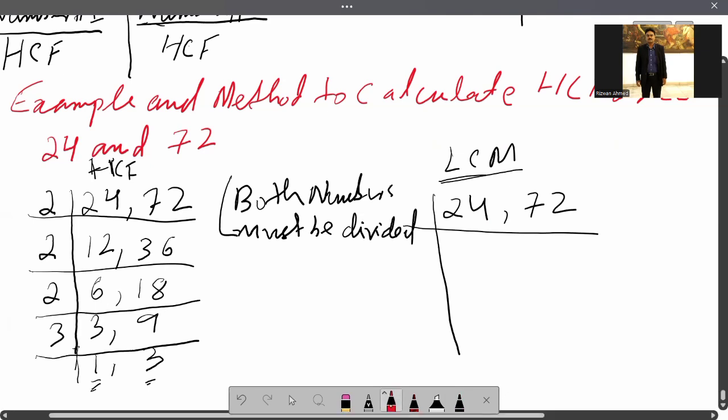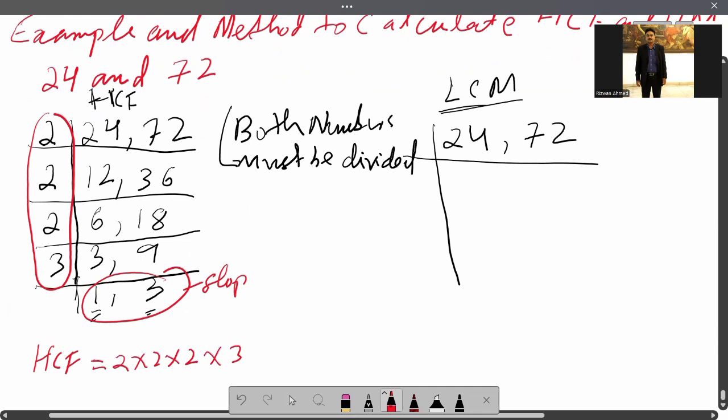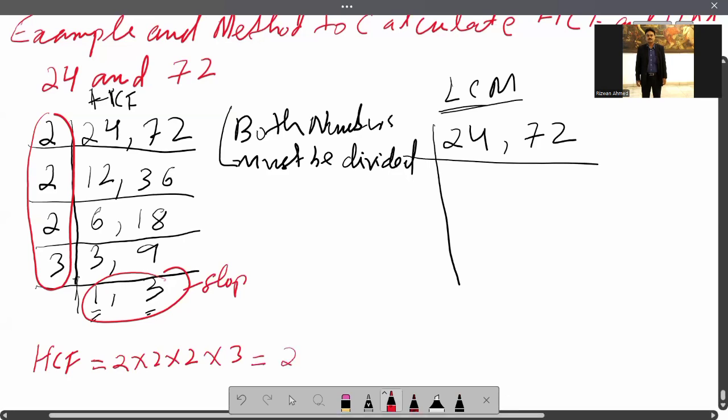So your HCF is this. To calculate HCF, you stop here and multiply 2 into 2 into 2 and then into 3. So this will be 24. This is your HCF.